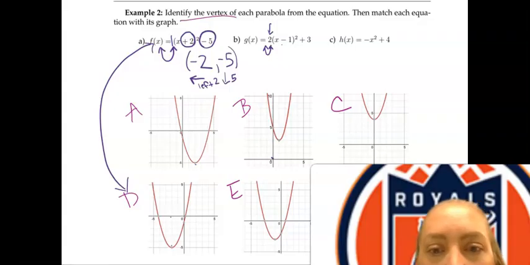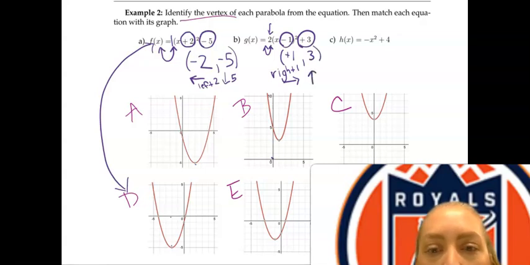So our vertex, the opposite would be +1, and so positives go to the right. And then the number at the end is +3, and so positives go up. So we'll go up 3. So we want to know which graph does the vertex go to the right 1 and up 3. It looks like it's B.